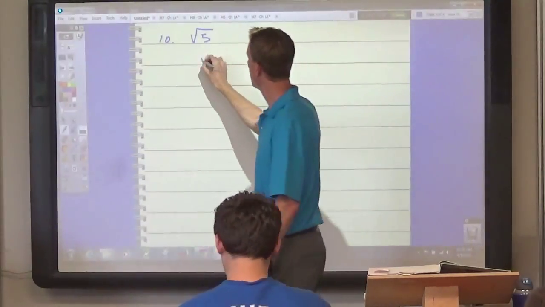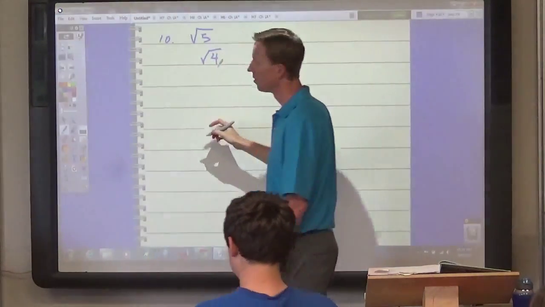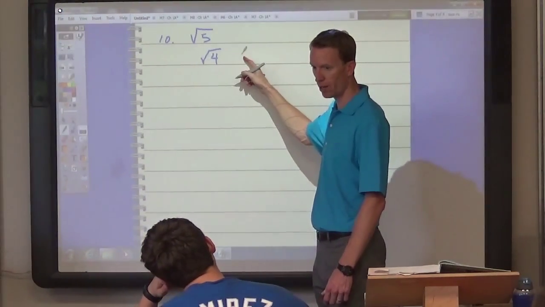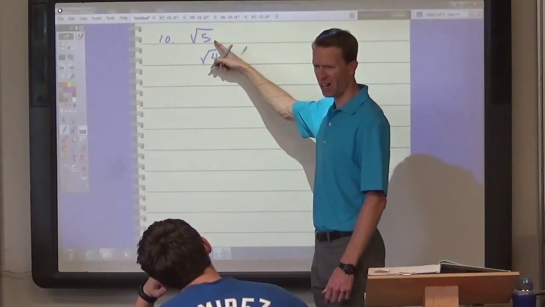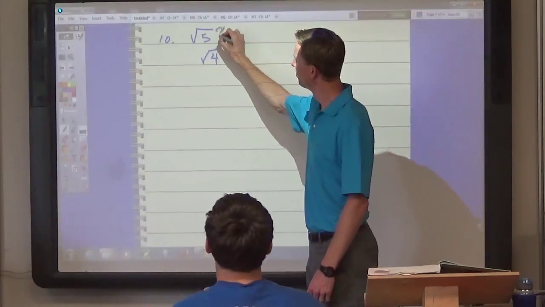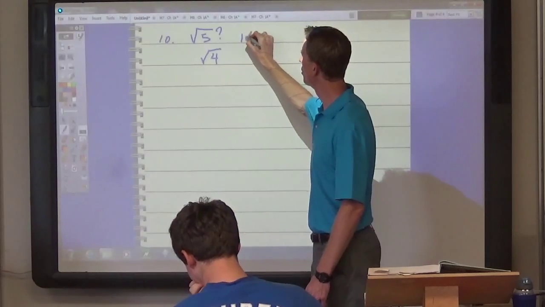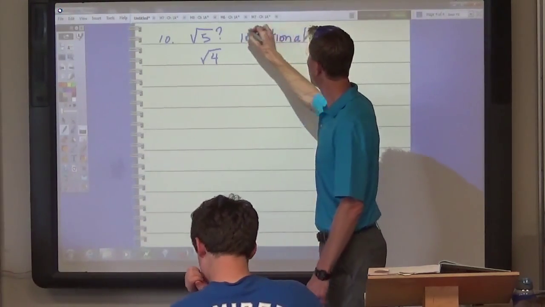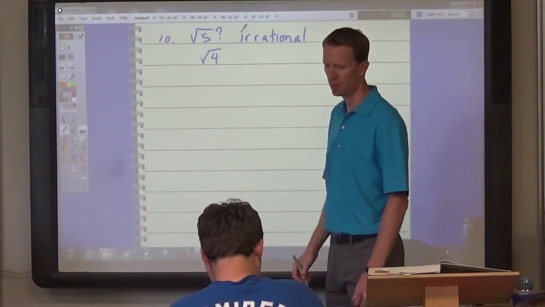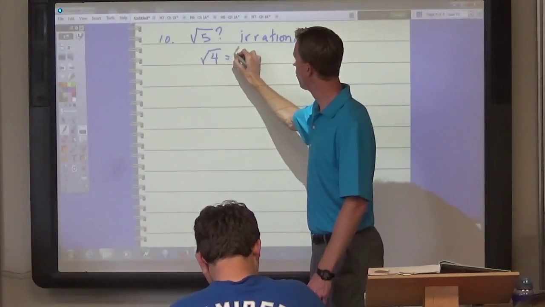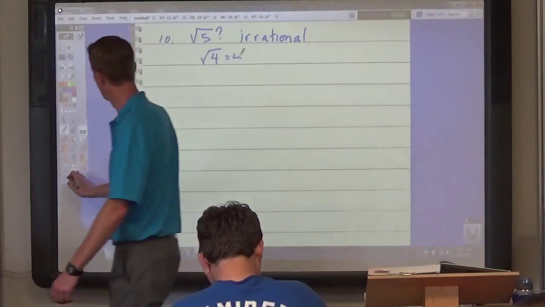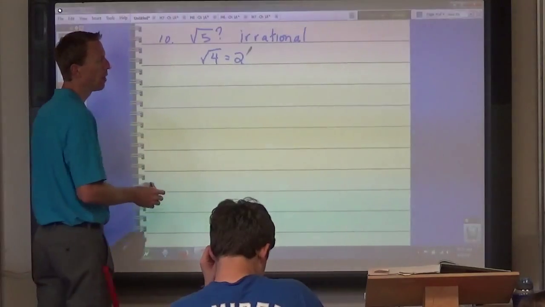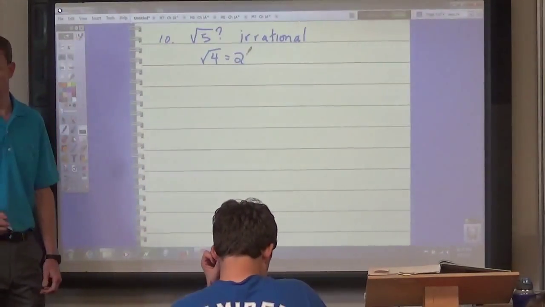So you could get the square root of 4. That would equal 2, right? Because 2 squared is 4. But the square root of 5? Oh no. No, that's an irrational number. Okay. Square root of 4 is 2 because 2 squared equals 4. Right?